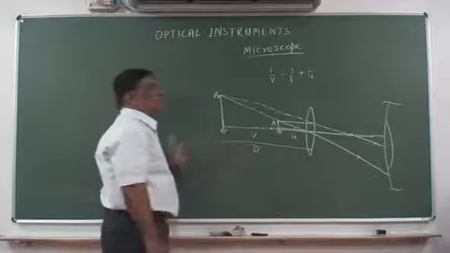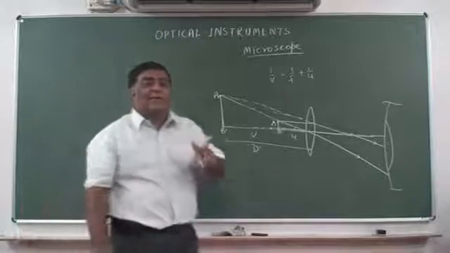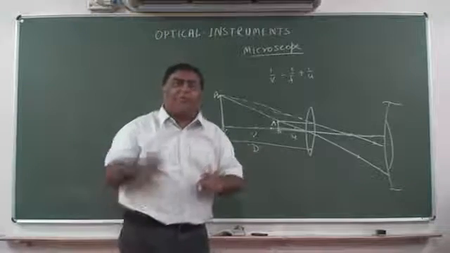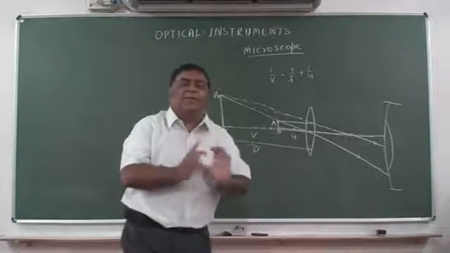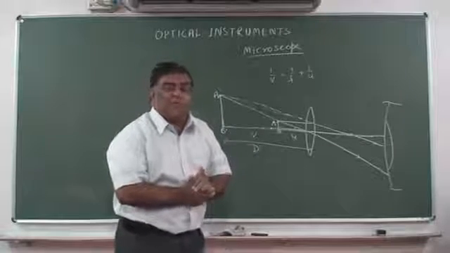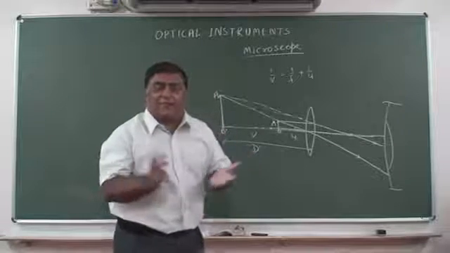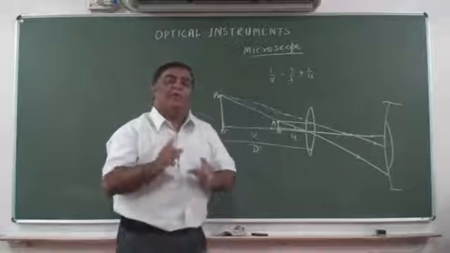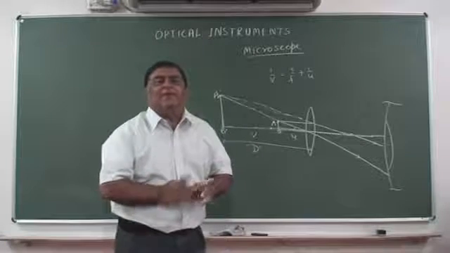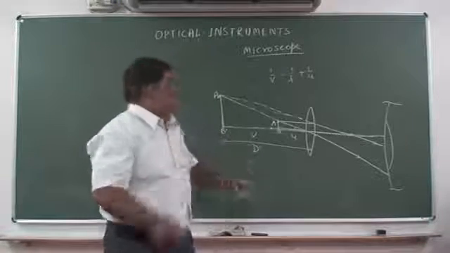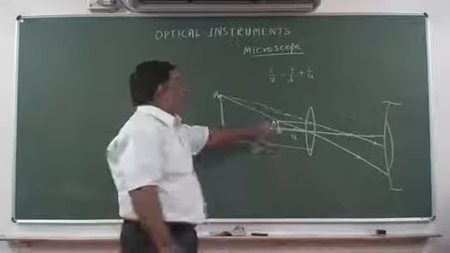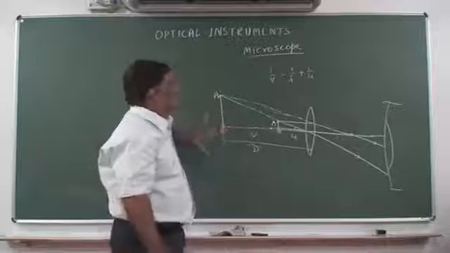Here it will be most clear. So there are two settings of a microscope. This we must understand from the very basics. If we want to see the objects most magnified, if we want to see it very clearly, then the image must be formed at the distance of distinct vision. So here it is there.